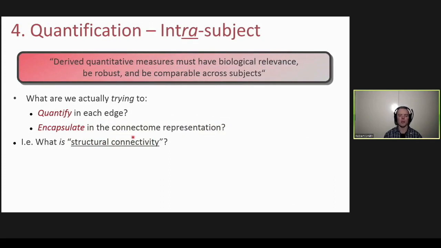The basic question here, at least in the context of connectome construction, is: we've got a parcellation, we've got a set of nodes, we've got all of our edges between our different nodes. What are we going to quantify for each of those edges? When we say that we're quantifying structural connectivity, there's a slight ambiguity in that statement.